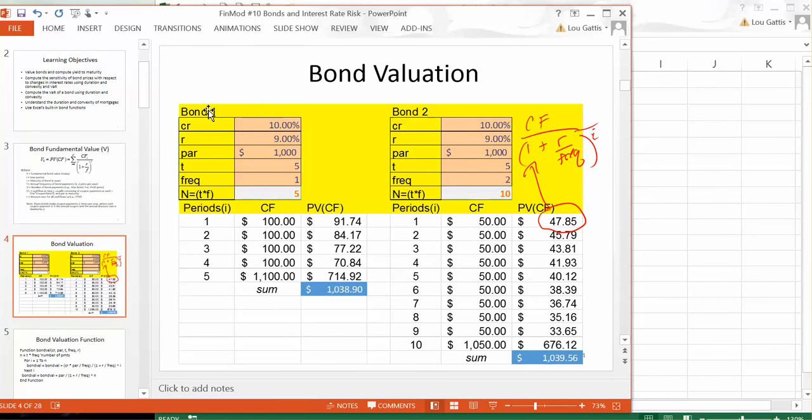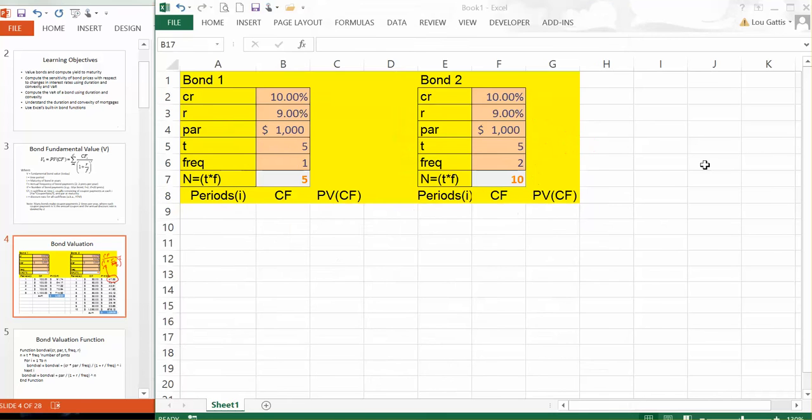So I'll grab this data here. There are 2 bonds, 2 5-year bonds, and those 5-year bonds have a coupon rate of 10%. The discount rate we're going to use to discount the cash flows is 9%. Each has a par of 1,000 and matures in 5 years, and the first one has a frequency of 1, and the second one has a frequency of 2. So this is an annual payment bond, and this is a semi-annual payment bond.